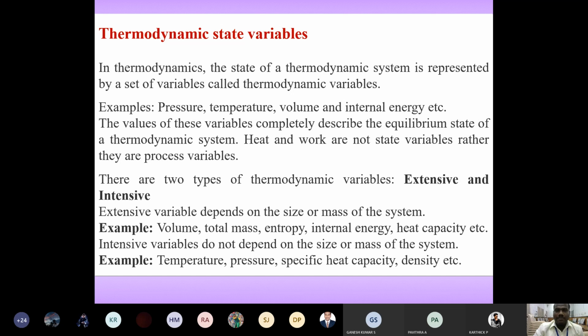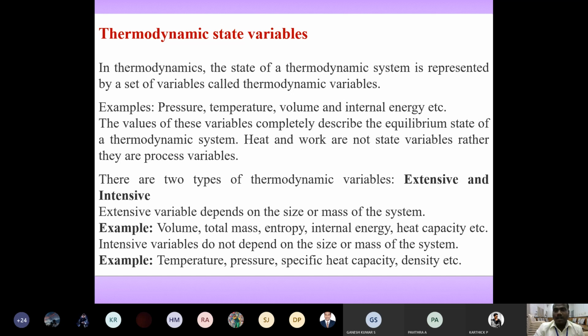The values of these variables completely describe the equilibrium state of a thermodynamic system. So if a system is in thermodynamic equilibrium, how can we identify? By using these variables, by identifying these variables, right?